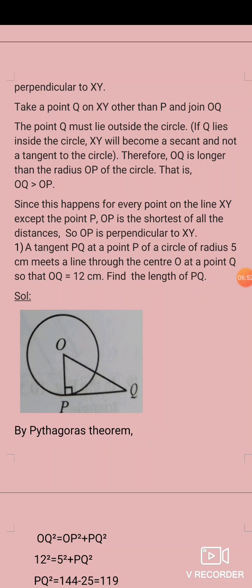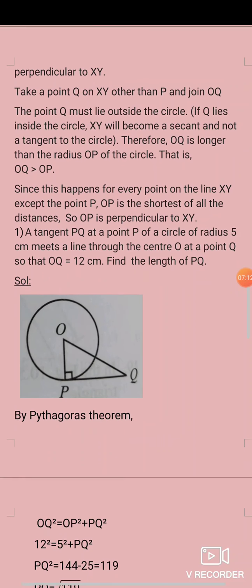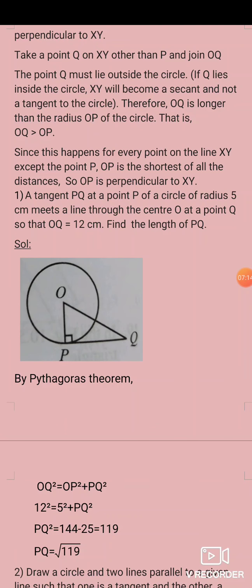OQ is 12, so 12 square is equal to OP, 5, square plus PQ square. So PQ square is equal to 12 square minus 5 square, which is 144 minus 25, equal to 119. Now PQ is equal to the square root of 119.